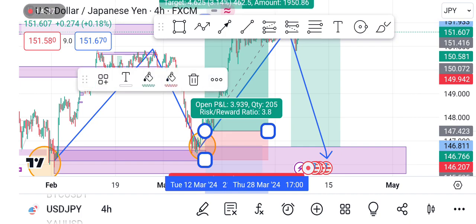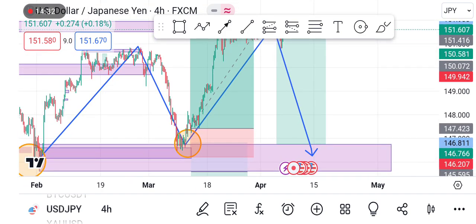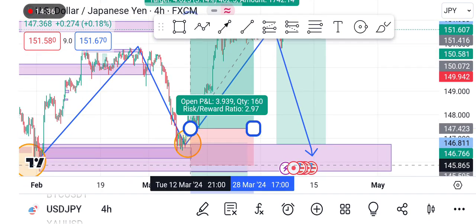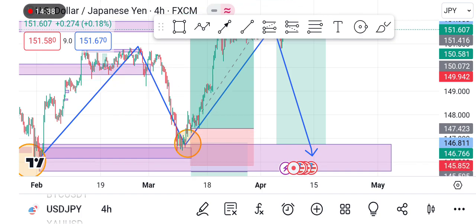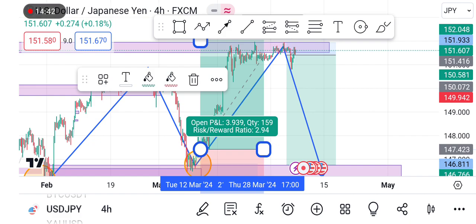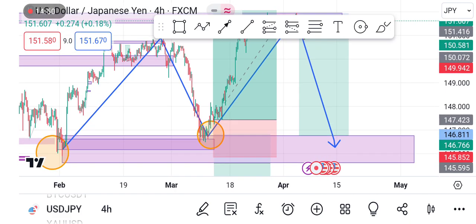Keeping our stop loss, let's say at the recent low. So this particular trade is a 1:2 risk to reward ratio.